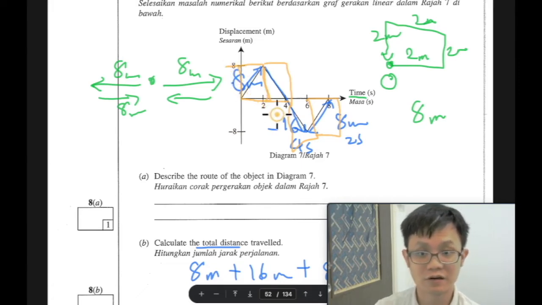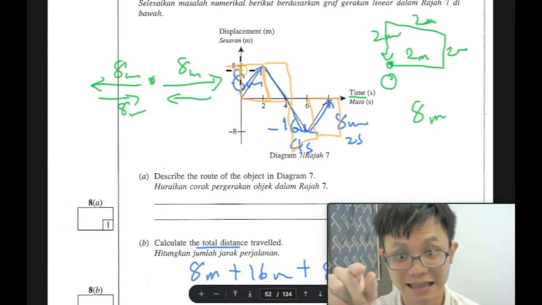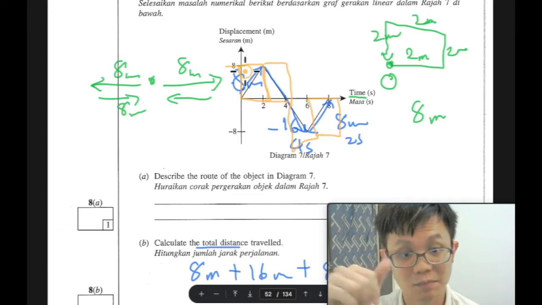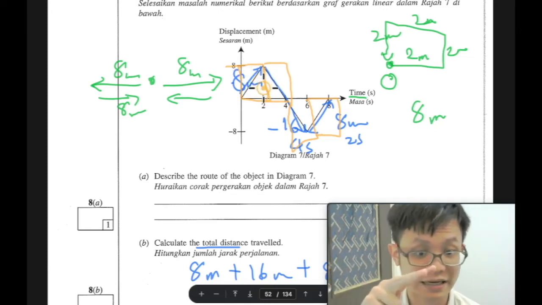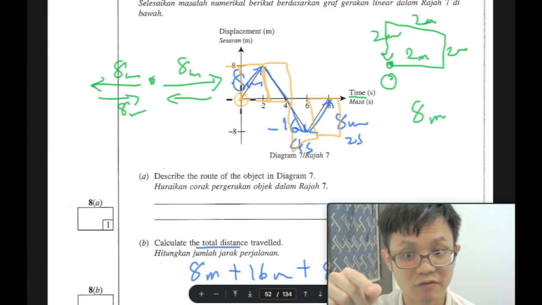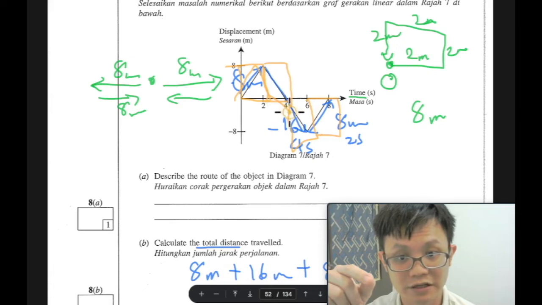You get 4. Because you can see from this graph that here is 8 meter. He goes there 8 meter in 2 seconds. So 8 meter divided by 2, he gets a velocity of 4 as he goes down the slope.